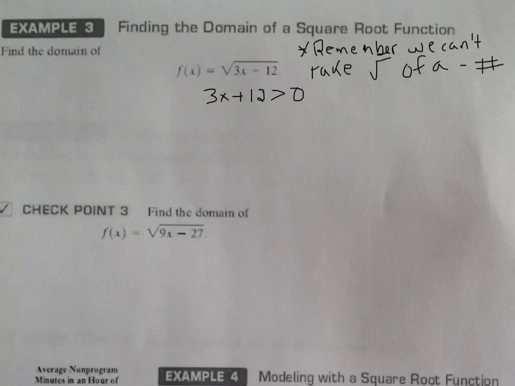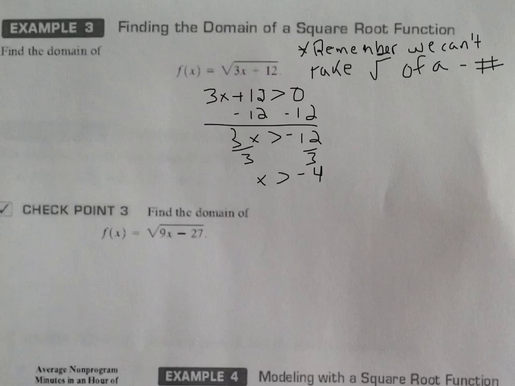It's an inequality now, not an equation, but I do solve it just like it's an equal sign. I would subtract 12, and I'd get 3x greater than negative 12, and I'd divide by 3, and I'd get x is greater than negative 4. Well, that means negative 4 is the smallest number that I can use.